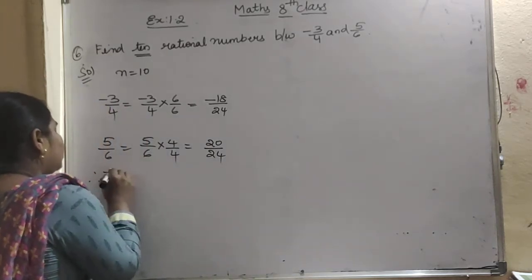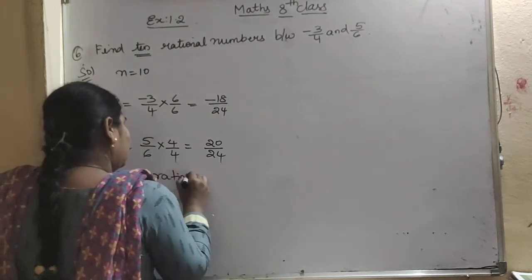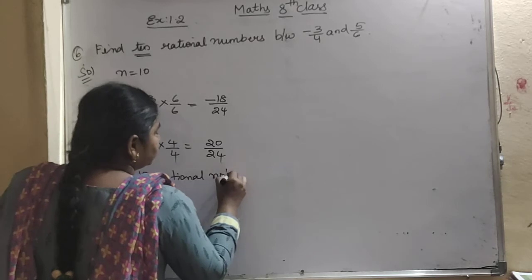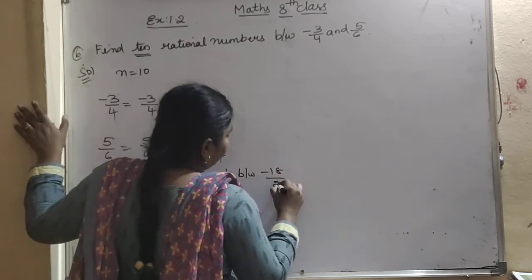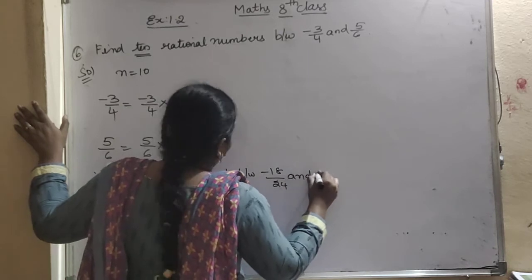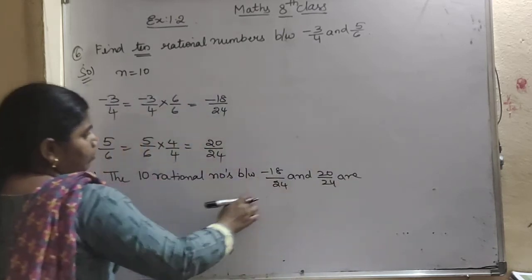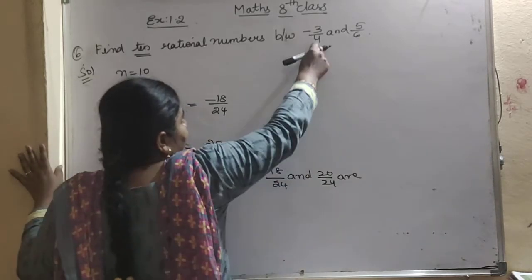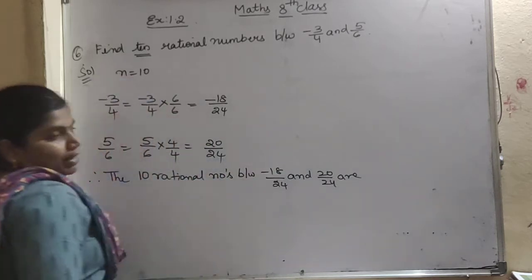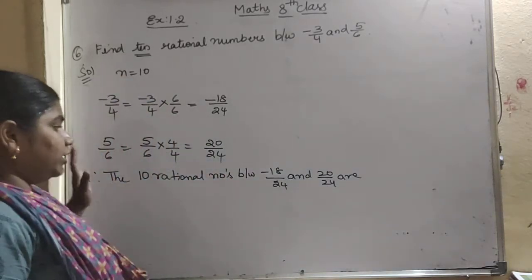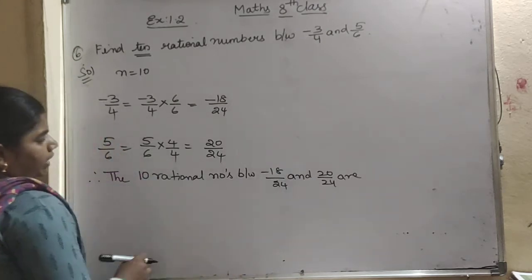So therefore, the 10 rational numbers between minus 18 by 24 and 20 by 24 are. This minus 18 by 24 is nothing but minus 3 by 4 and 20 by 24 is nothing but 5 by 6. How many rational numbers we want? 10 rational numbers we want. You can take any 10.